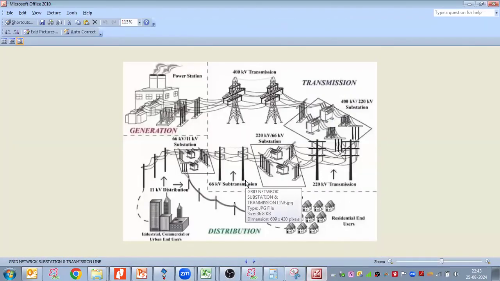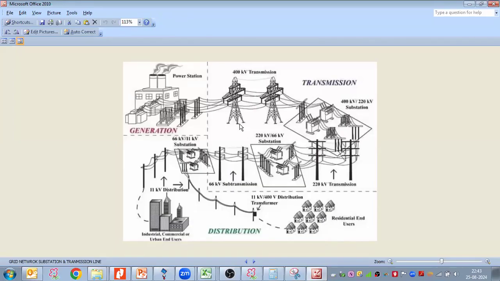From here we take supply at 11 kV going to industrial, commercial, or urban end users, and to residential end users.